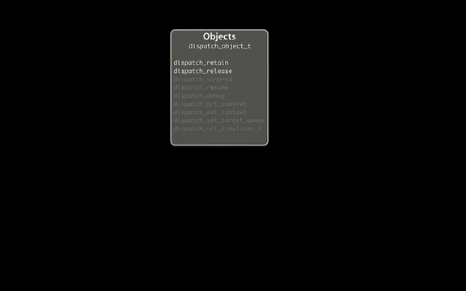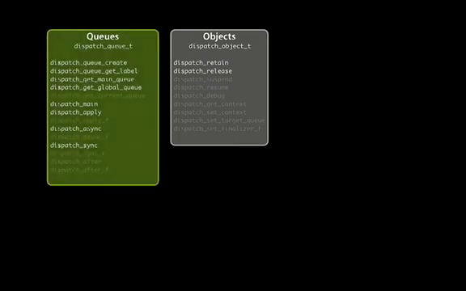So yesterday, we covered a variety of API. We covered objects, specifically that all GCD API operates on a simple polymorphic object type, and we discussed a little bit about retain and release. We're going to go into the rest of these today. We also talked about queues, which is kind of the fundamental aspect of GCD, that we work with queues of blocks.